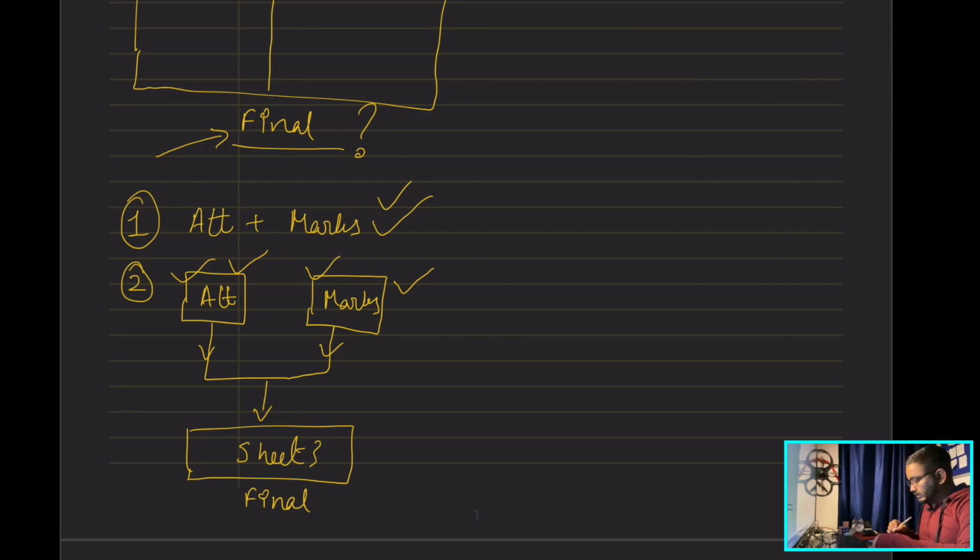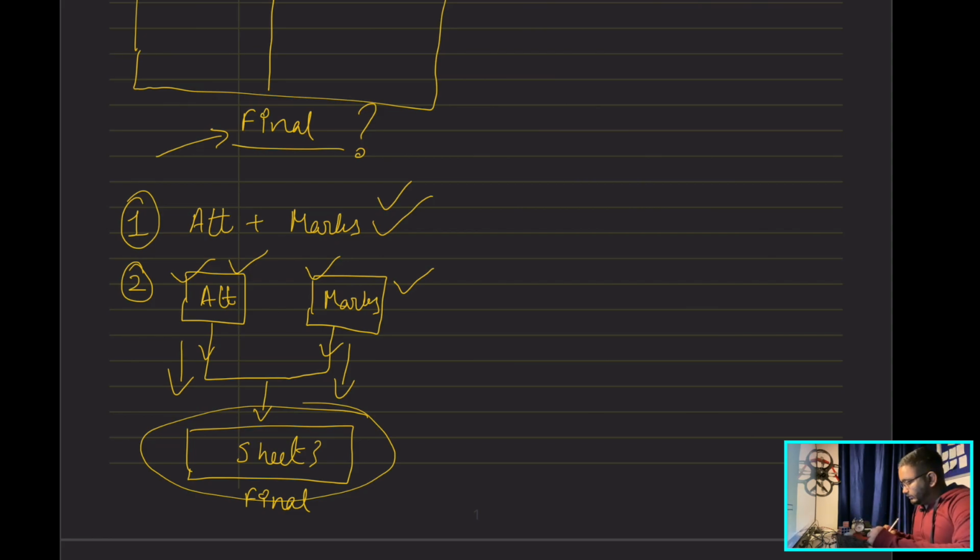But the problem in second option is that you have to take data individually from both these sheets and store the data manually into final sheet, that is sheet 3. In option 1, you have to collect data into one sheet, so that can be really messy. Sometimes people have to face a lot of problems while creating only one sheet for all the data.